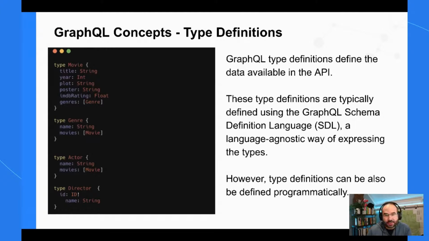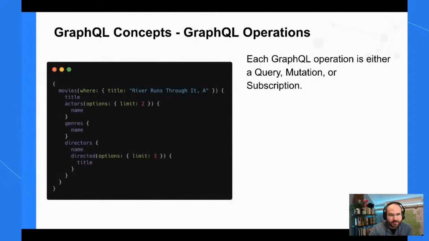We can also define these programmatically, but that is often done using whatever GraphQL implementation we are working with. So we'll use SDL to define our GraphQL type definitions.